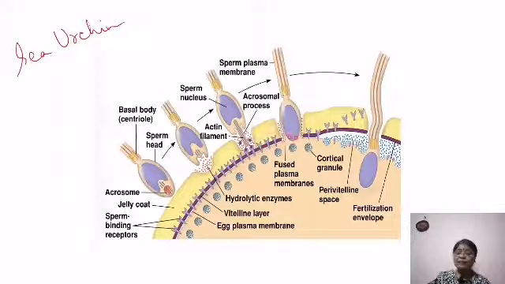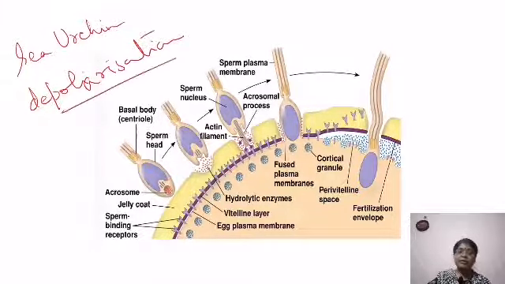As the two membranes fuse, sodium ions open, and there is a movement of sodium ions inside the egg, and as a result depolarization takes place. The ions are involved and they change the potential of the membrane.